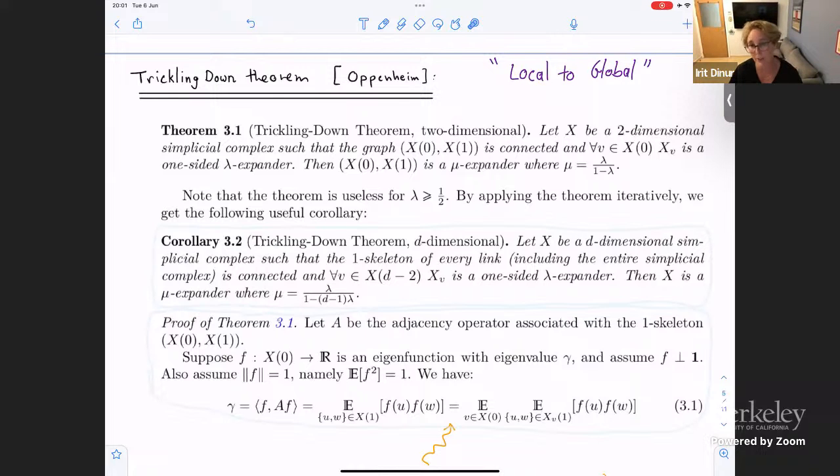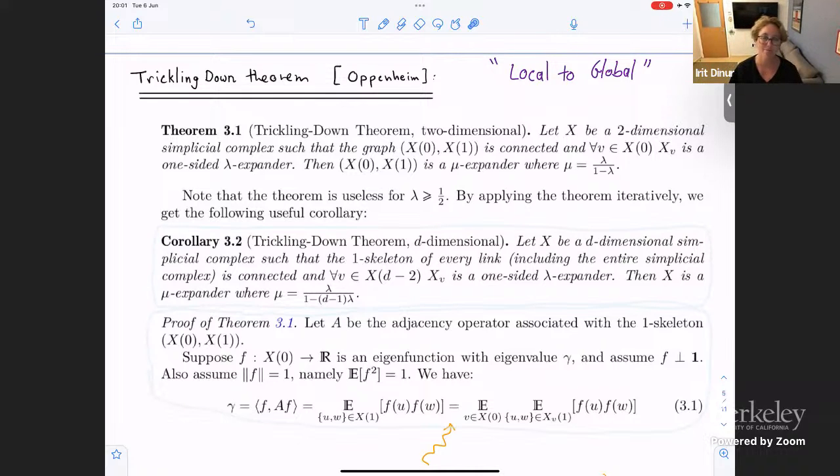Okay, since we already assumed that X is connected, we know that this gamma is strictly smaller than 1, but it could be like 1 minus 1 over n. And our goal is to prove that gamma is actually much smaller. Okay, so let's take this eigenfunction. We know that it's orthogonal to the all ones.